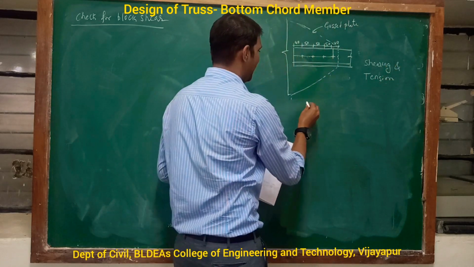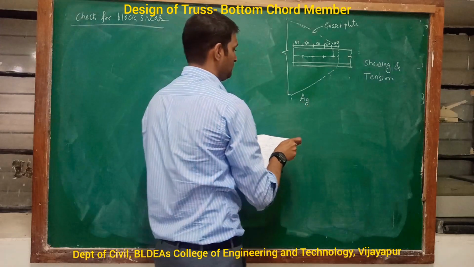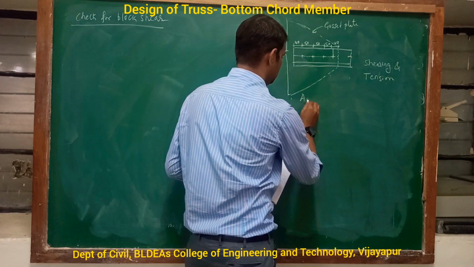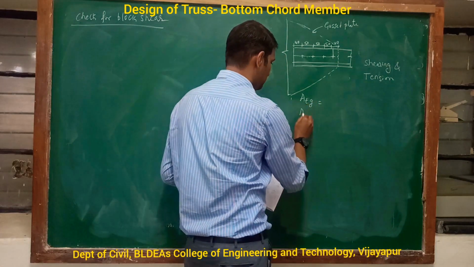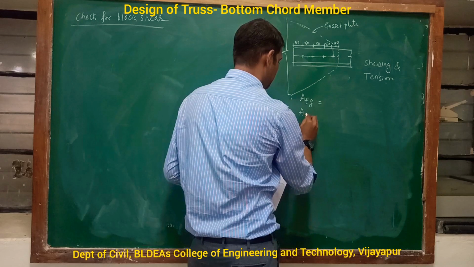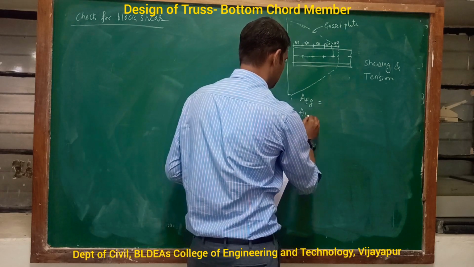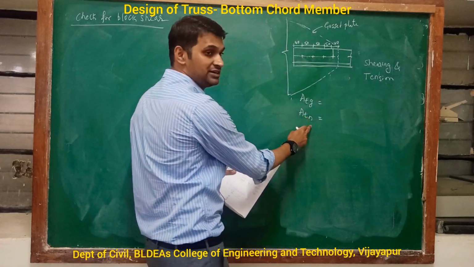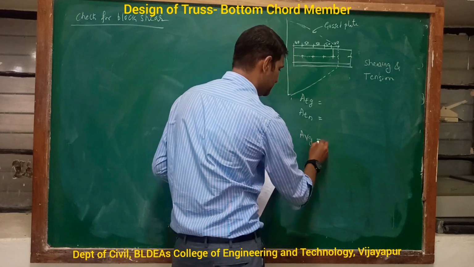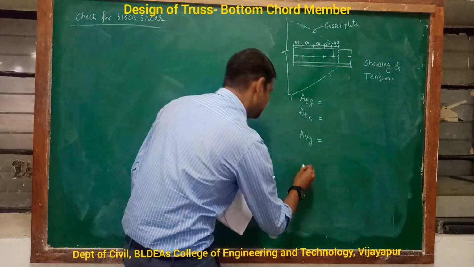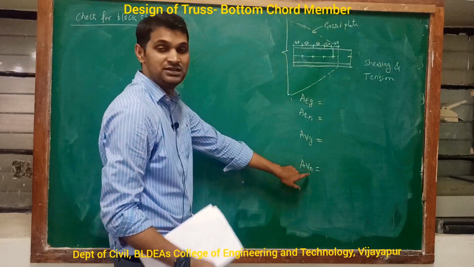So therefore we have to calculate the gross area under tension, ATG, and net area under tension, as well as the gross area under shear, and net area under shear.